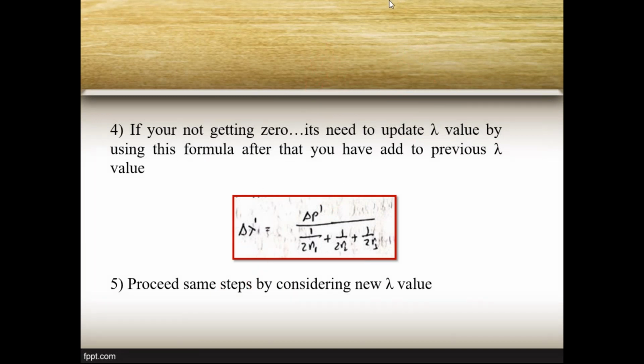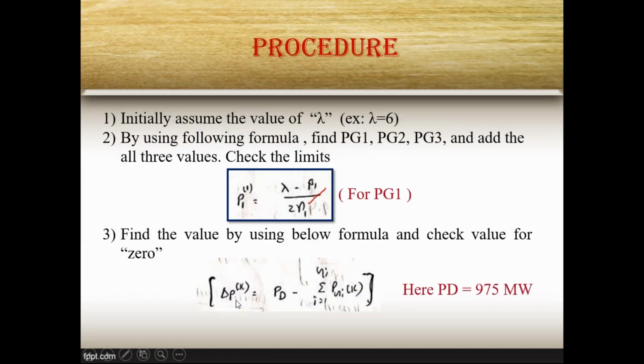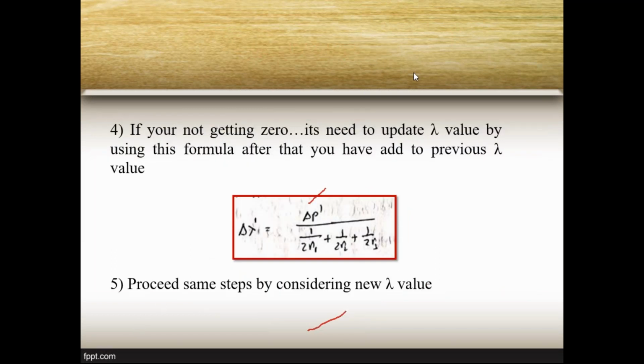This delta PI value we can obtain from this equation, right? After finding this one, you have to update the lambda.